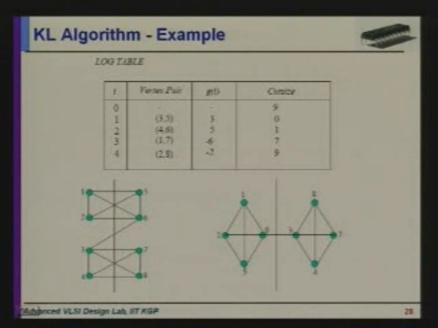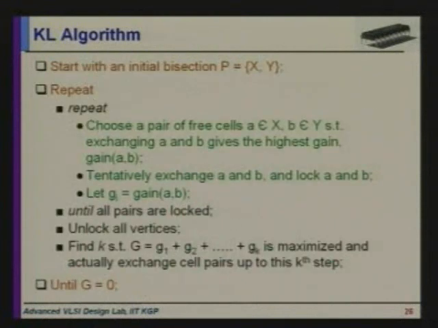So if I don't get a gain, I go on to exchange the vertices that give me the least loss. Okay, so I come back to the algorithm. If I don't get a gain here, I exchange pairs that give me the least loss until all pairs are locked. So this is within one pass, I am telling.